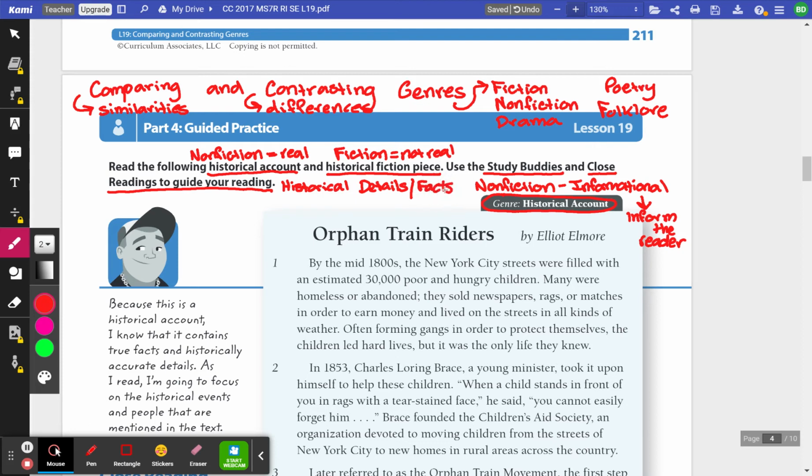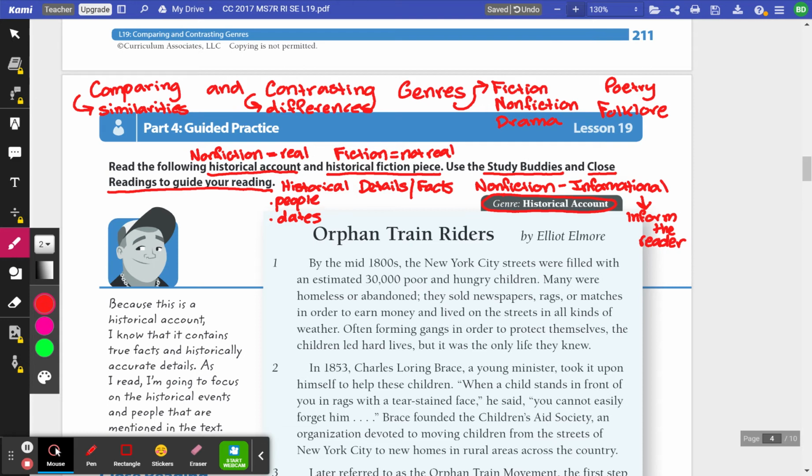So, if I know that this is a historical account, there are already certain things that I can look for just based on that fact alone. Because this is a historical account, I can look for people, so historical figures, right? People of importance. I can probably look for certain dates that go along with whatever time period this is about.